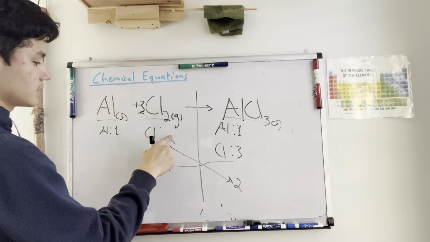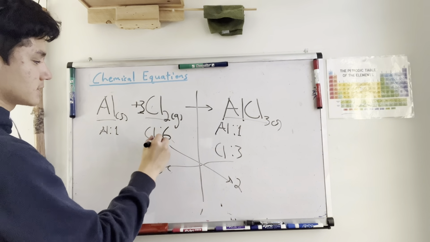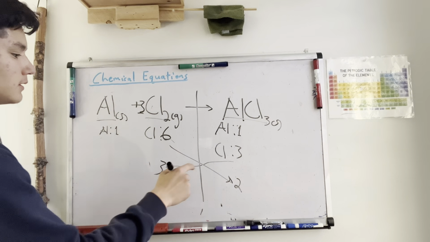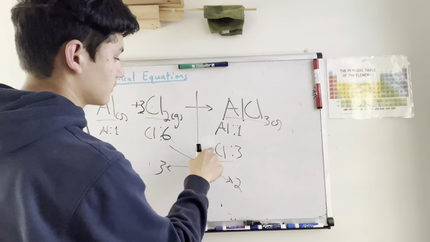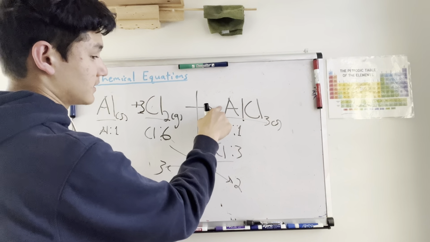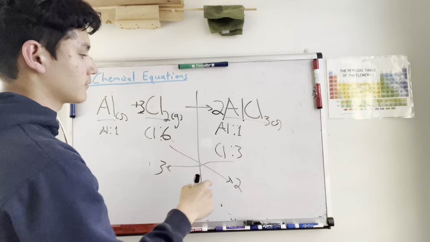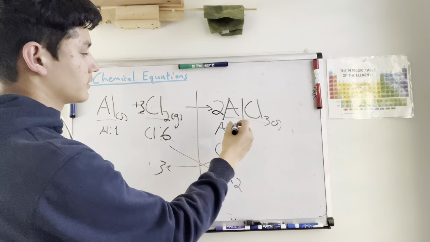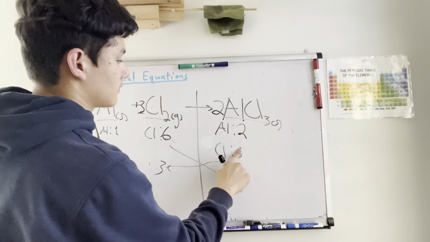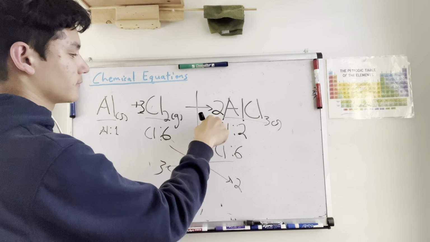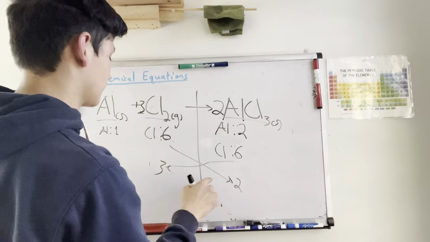And then we would have 6 chlorines, because 3 times 2 is equal to 6. And then we would have 2 times chlorine here, which is in the compound AlCl3. So we do 2 times AlCl3. And along with the aluminum, we get 6 chlorines. And remember, we put a 2 here because we've also multiplied aluminum in that compound.